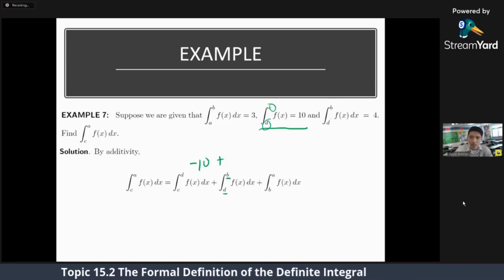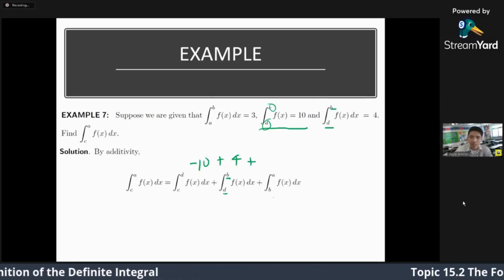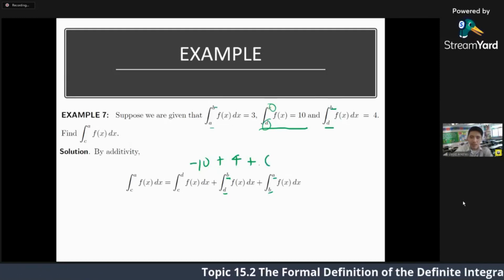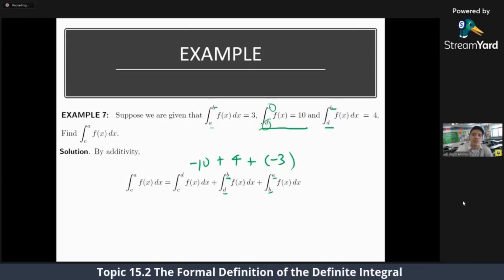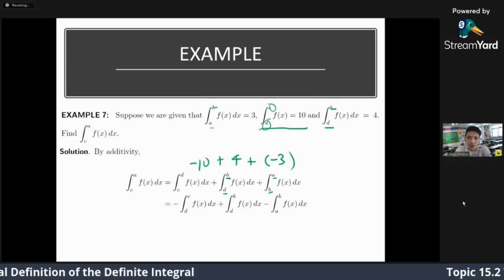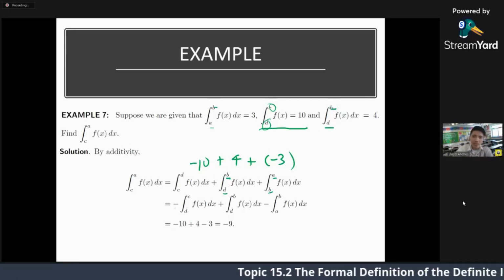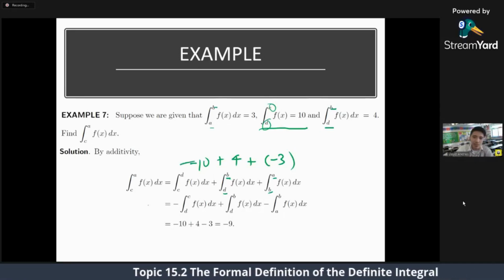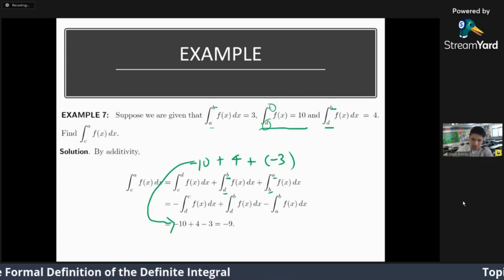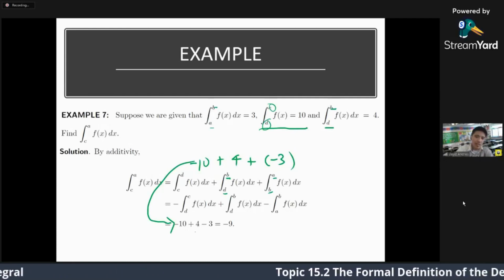D to B is fine, so it is as is. Plus, B to A, but this one is A to B, so it's reversed, so it should be negative 3. So, simplifying, we have negative 10 plus 4, that's negative 6, minus 3, that's negative 9.